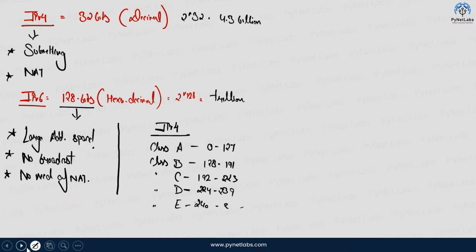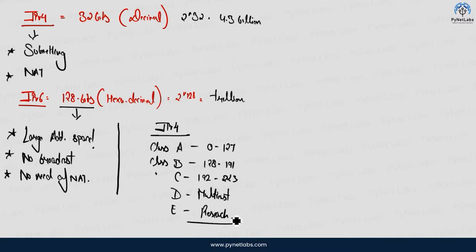These were the ranges of IPv4 addresses, of which we usually use A, B, and C in production environments. Class D is used for multicast purposes, and E is not being used. It is reserved for research purposes, used by NASA and others to run operations and do research.